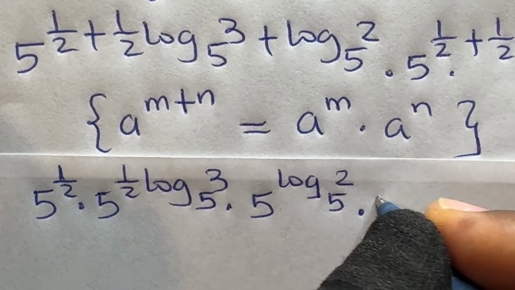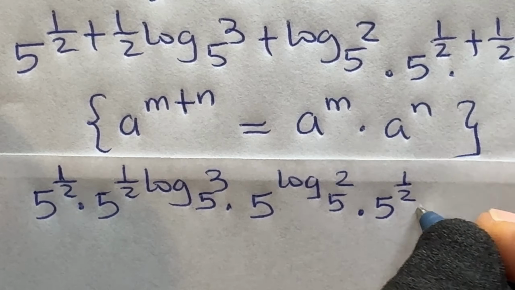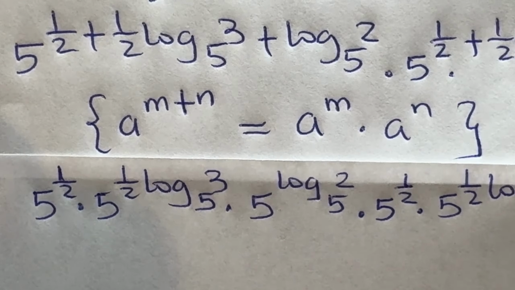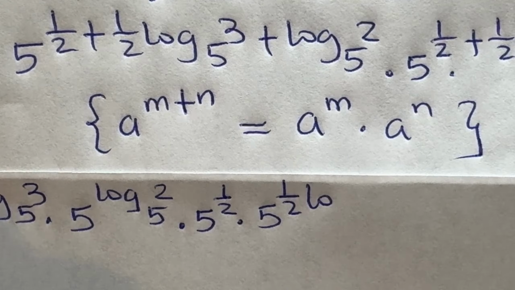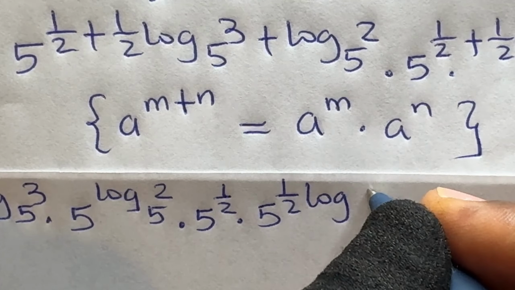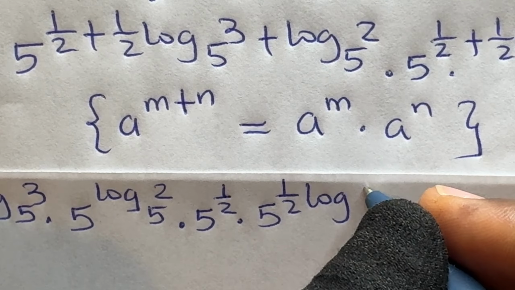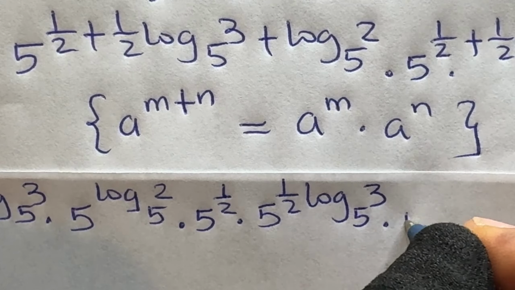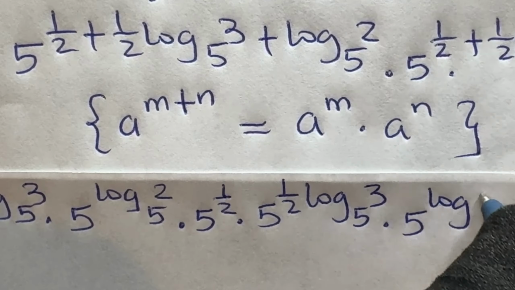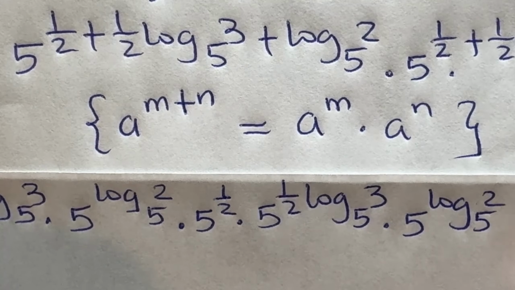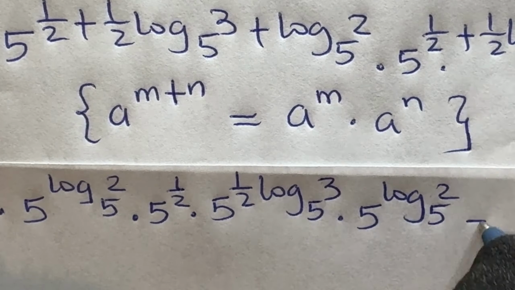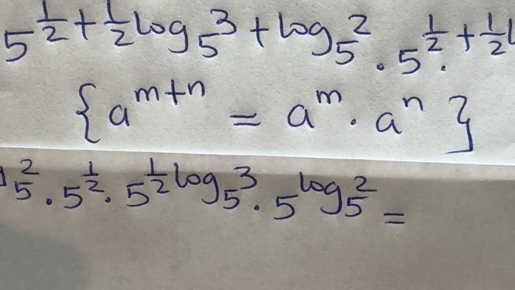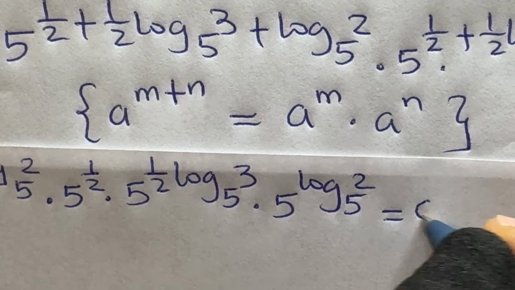So this is 5 raised to power 1 over 2 times 5 raised to power 1 over 2 log 3 base 5, then times 5 raised to power log 2 base 5. And this is equal to 60.